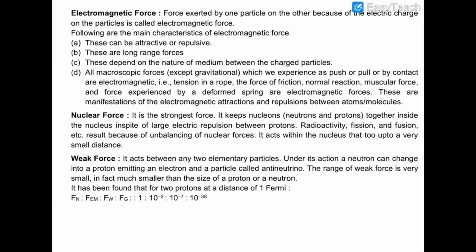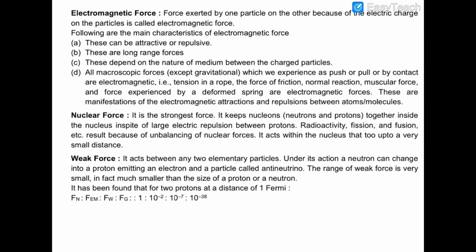This is very strange to hear, but it is true that friction force, pushing force, muscular force, spring force, and normal reaction force are all electromagnetic forces, because these forces are produced due to the interaction of charges on the surfaces of the bodies in contact.